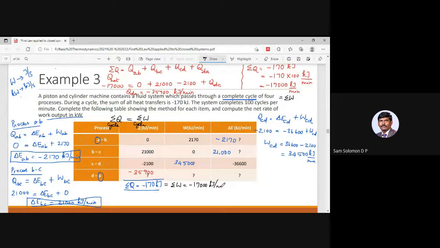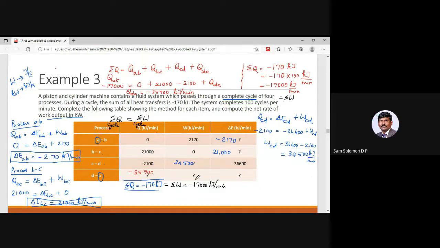Can you now tell me what you should do to get the value of WDA? What equation should you write now? Delta W is equal to WAB plus WBC plus WCD plus WDA.